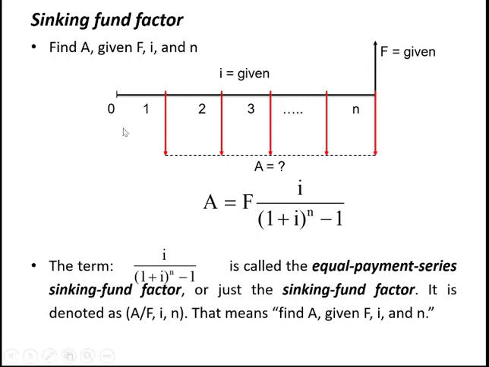So that means that we have a given future worth, a given interest rate, and a given number of compounding periods.